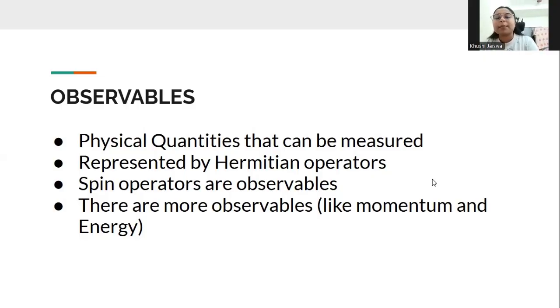Because Hermitian matrices always have real eigenvalues. Since we can only measure real numbers like energy or spin direction in the lab, our operator must be Hermitian. So when we measure an observable, the quantum state collapses into one eigenstate of that operator. And spin operators are observables.